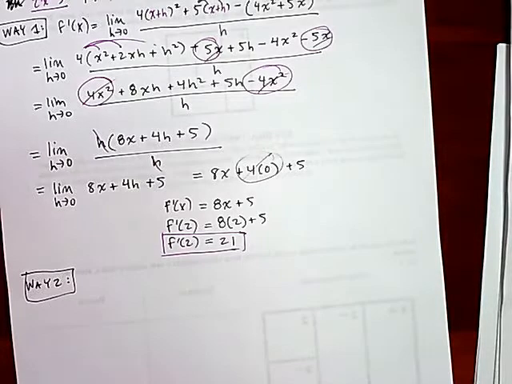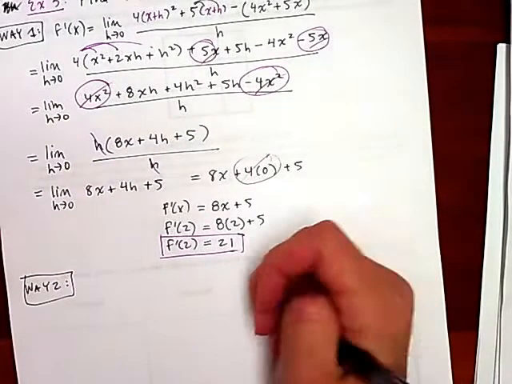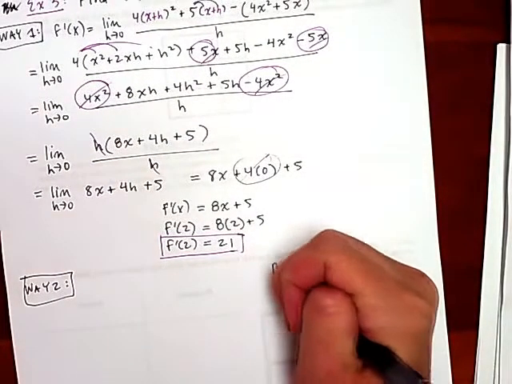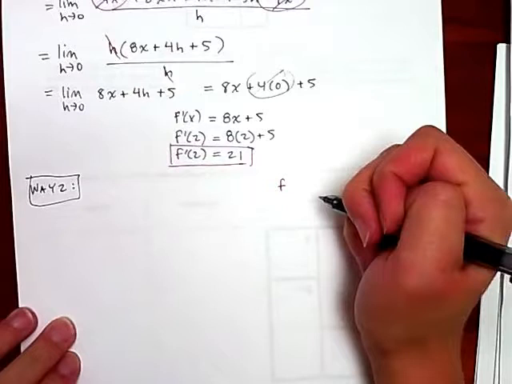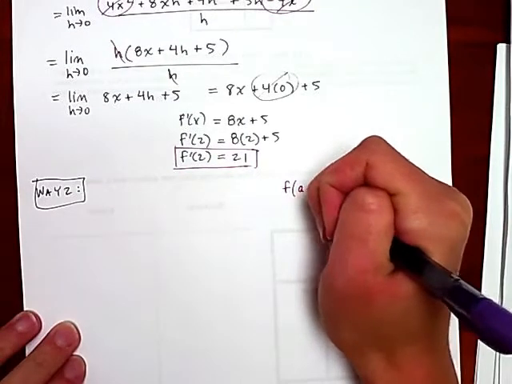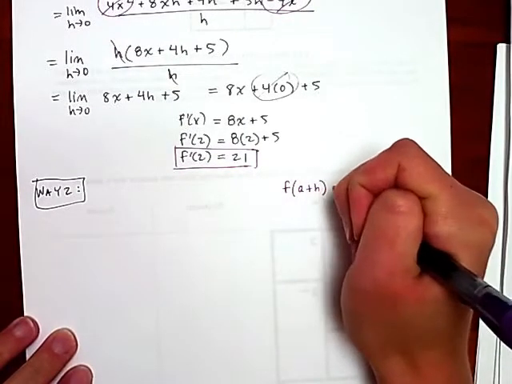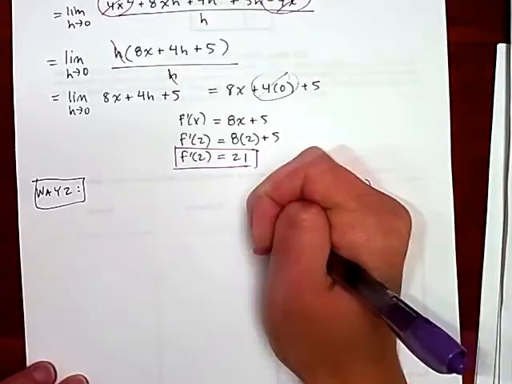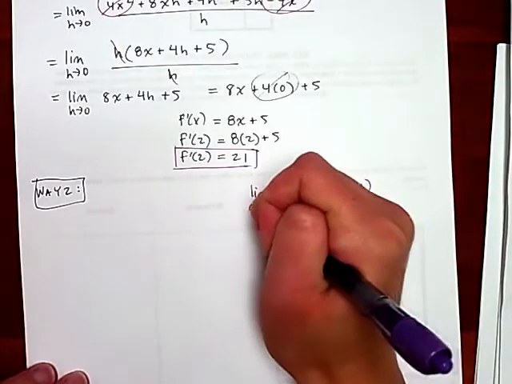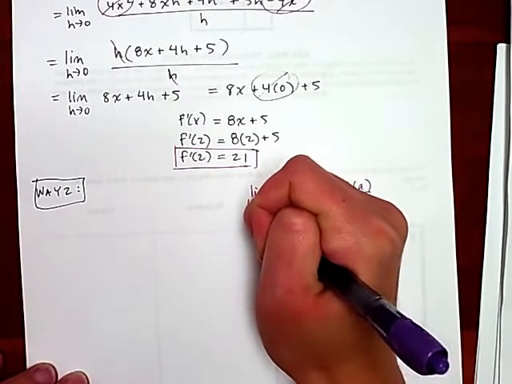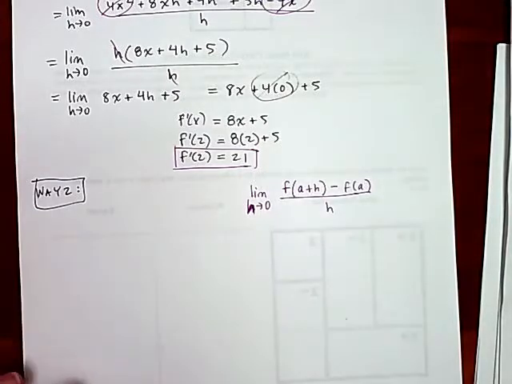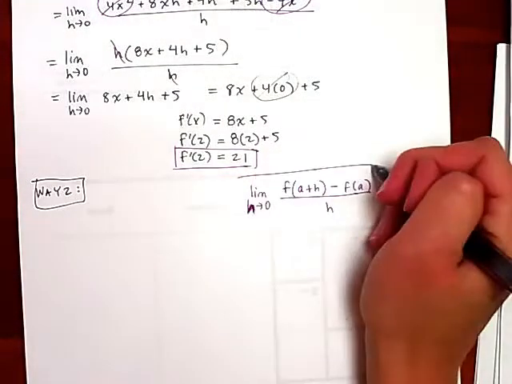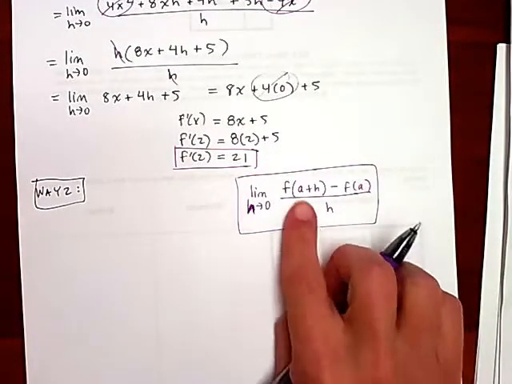So in our formula, we had f of x plus h, but we could have also done it with a formula that looks like this: the limit as h goes to 0 of f of a plus h minus f of a, over h. Notice the only difference in this formula is that instead of an x, I have an a.